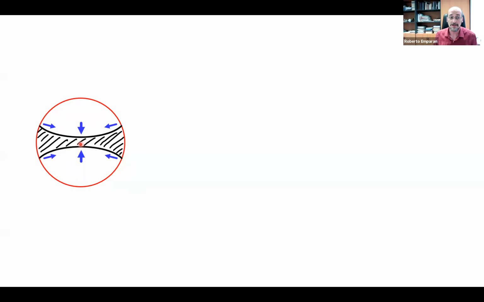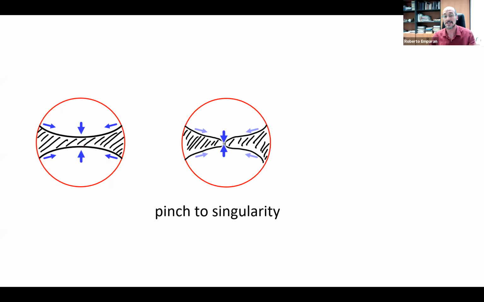So we have found evolutions of the equations where the horizon pinches to what we expect to be a singularity, until the point that the equations break down. But at the same time, in a slower process, because the pinching happens on a very fast scale and this happens on a slower scale, you also have what we call a tsunami.